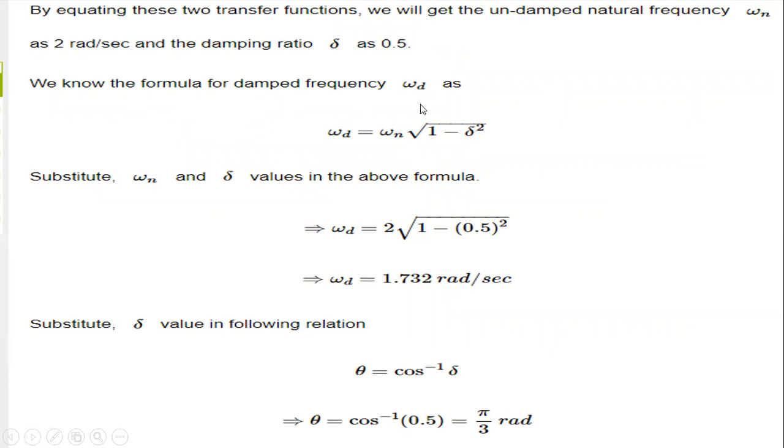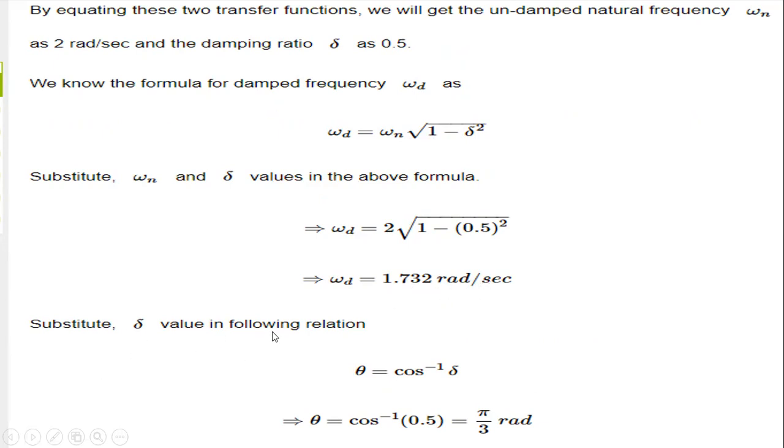Now we know the formula for damped frequency, omega d is omega n square root of 1 minus delta square, where delta is the damping ratio. We also call it zeta in many textbooks. So if we substitute omega n and delta values in the above formula, we get omega d, the damped frequency, as 1.732 radians per second.